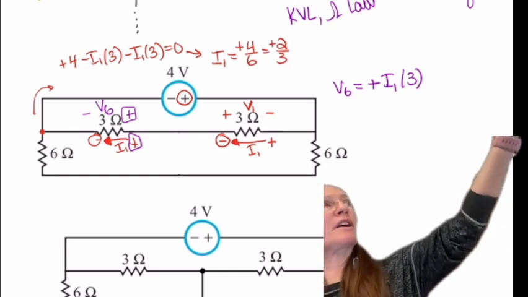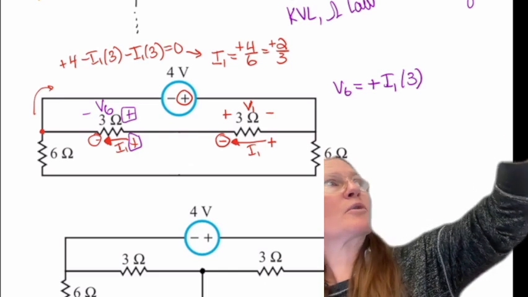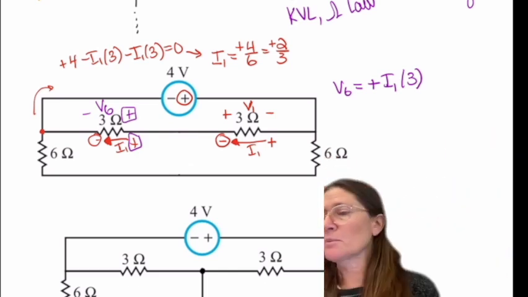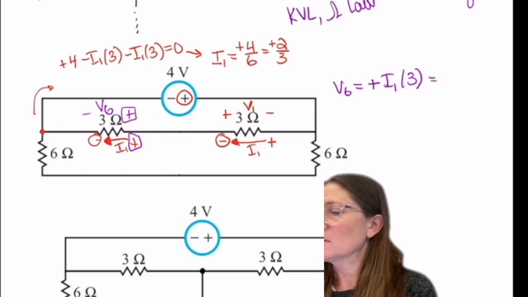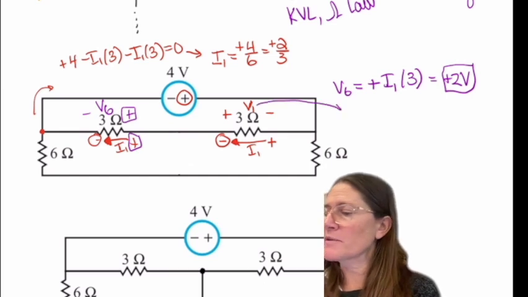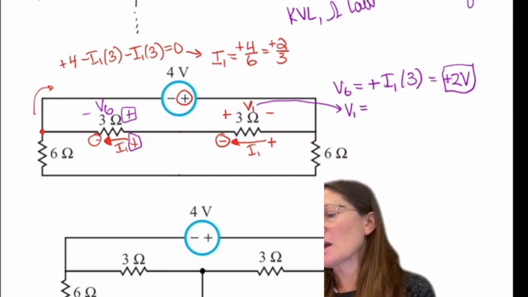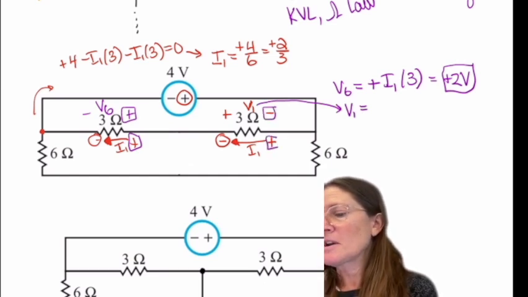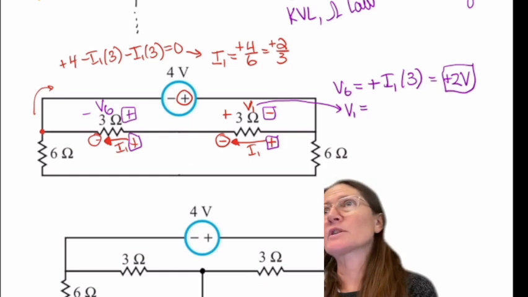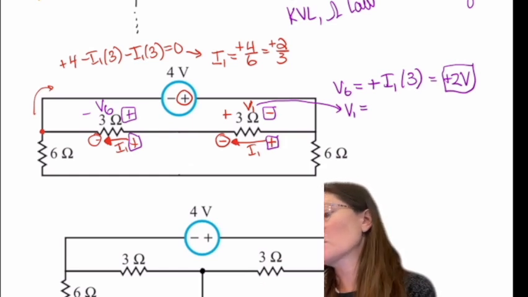So when I plug it in for V6, I'm going to get a plus 2 volts. But when I plug it in for this V1, this is going to be a negative because they're opposite. So this will be a negative I1 times 3.